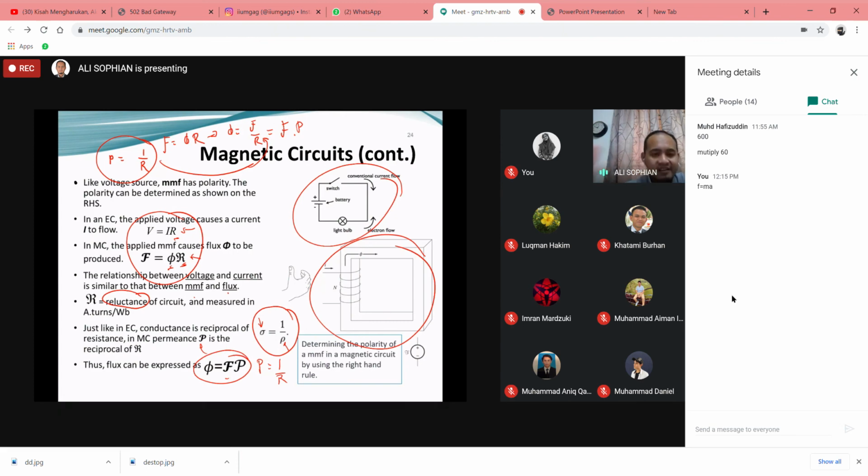Again, reluctance is just like resistance: the higher the reluctance, the less flux you'll get. And permeance is the opposite of that.